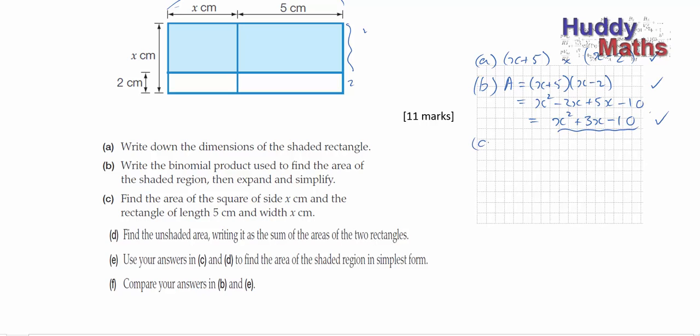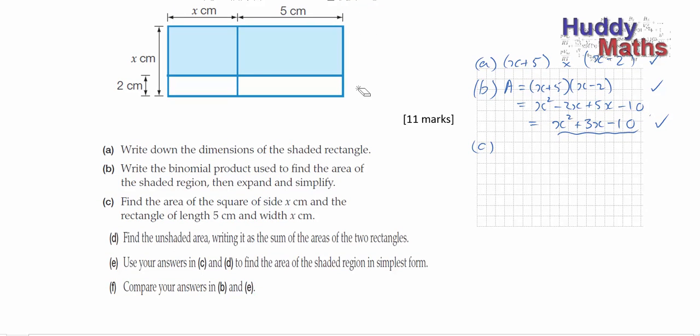Okay, part C, find the area of the square of side x and the rectangle of length 5 and width x. So let's see if we can picture that here. So we want this whole rectangle here, and that square, sorry, and 5 by x.